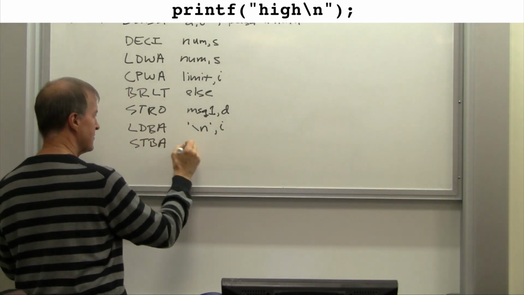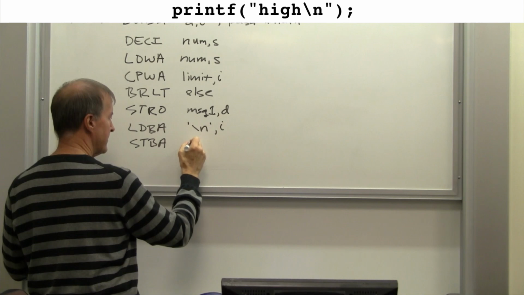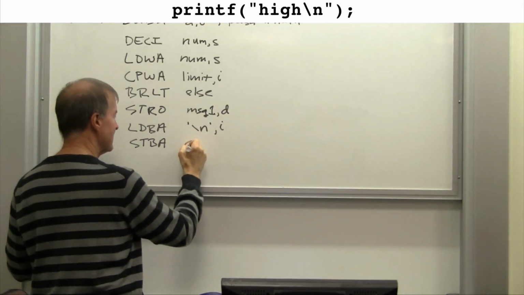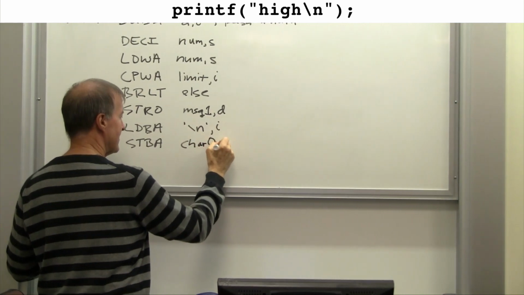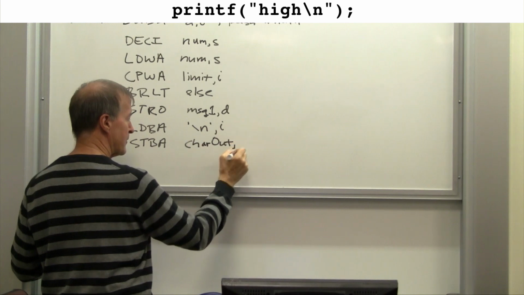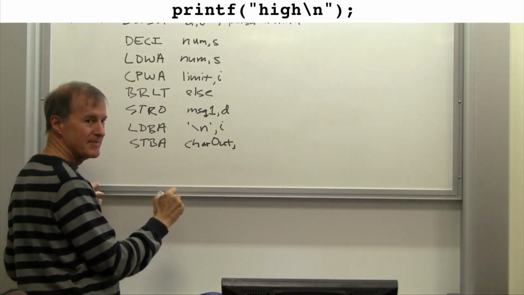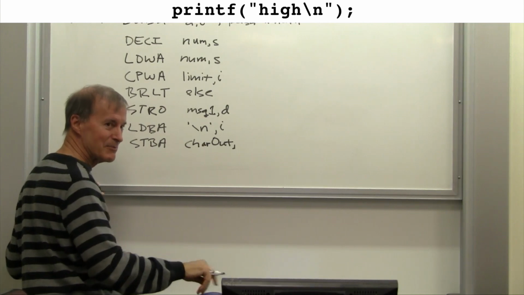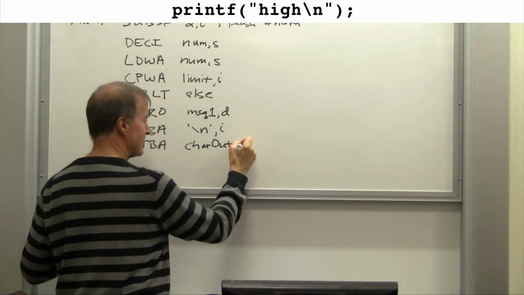Store byte accumulator to where? Remember the little symbol that we had? charOut, and that is what addressing? The output port is at a fixed location in memory. Direct.